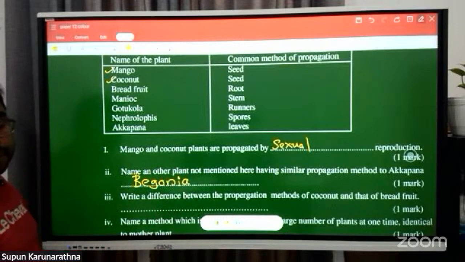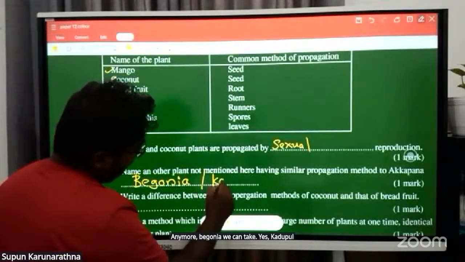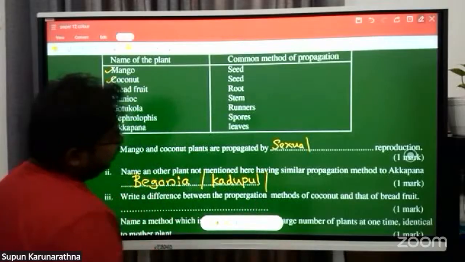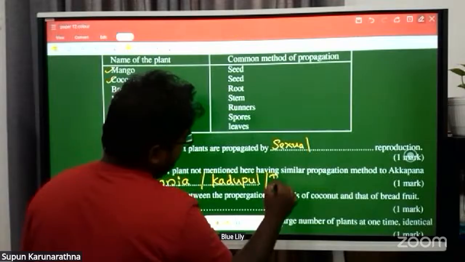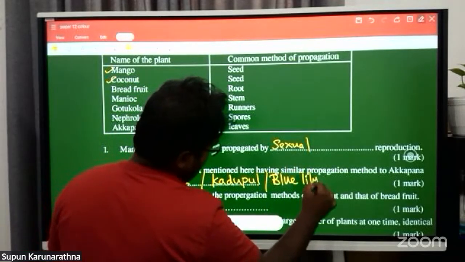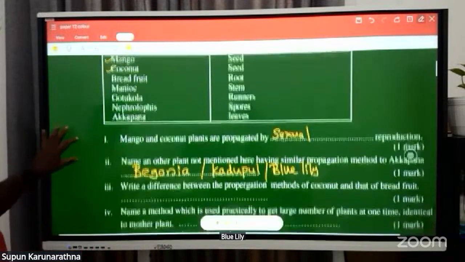Any more? Yes, Kadupul. Kadupul plant we can take. Blue lily. Those are the examples we can take.